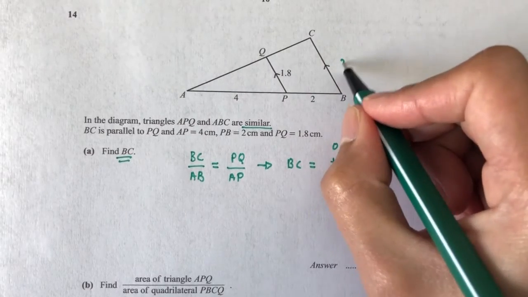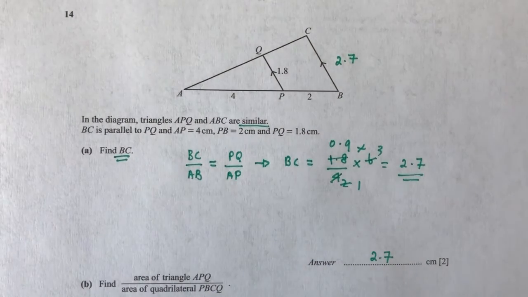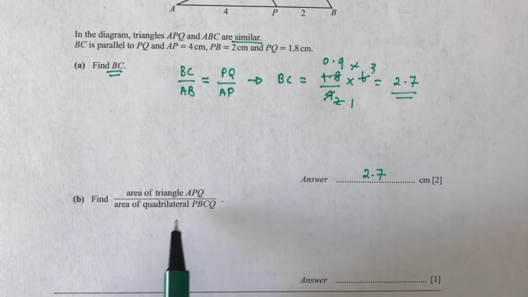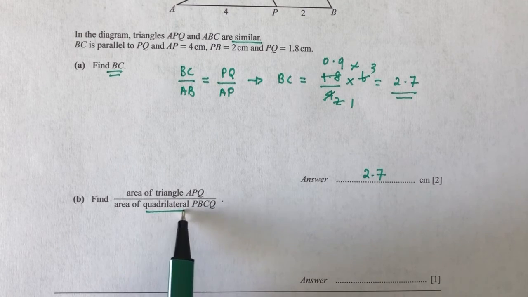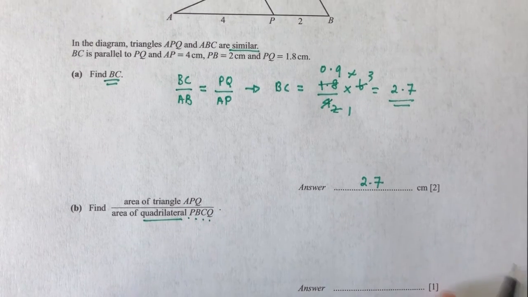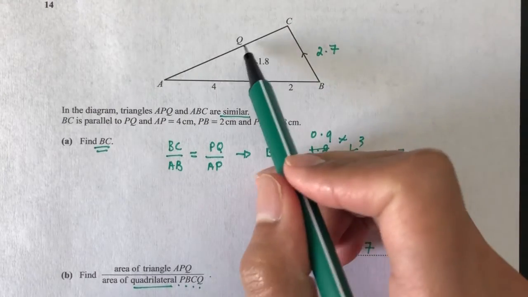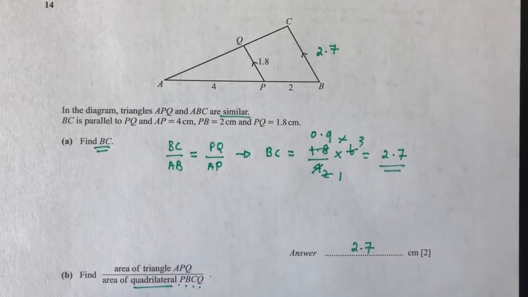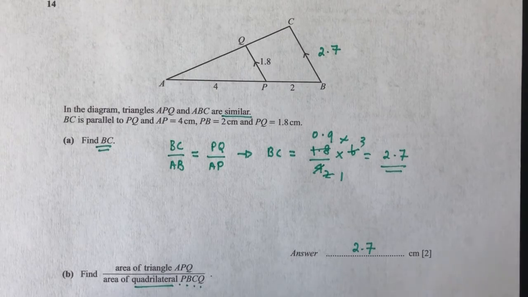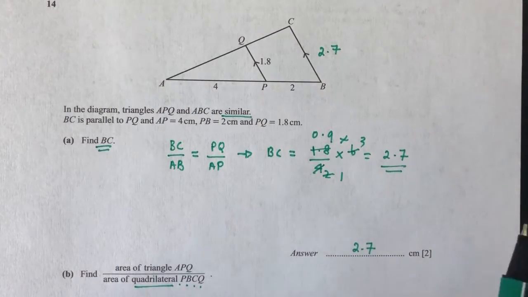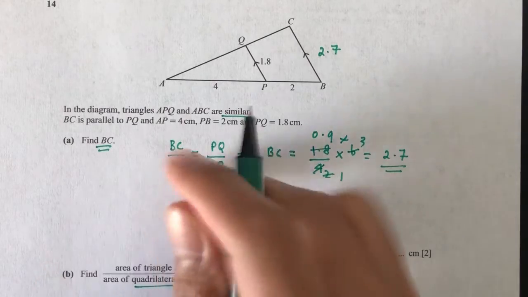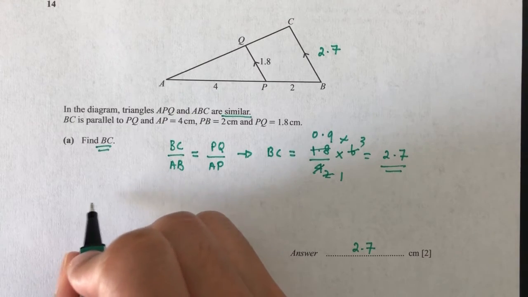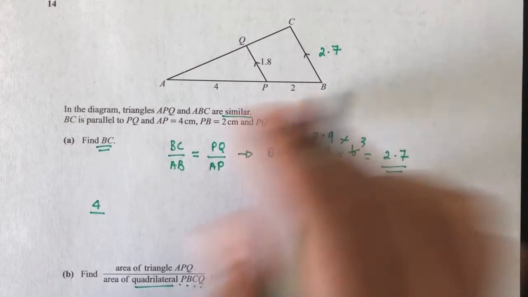Okay, so let's write that down. From this, we have to find the area of triangle APQ over the area of quadrilateral PBCQ. So we observe that this quadrilateral is actually the area of the big triangle minus the area of the small triangle. So let's first find the ratio of this big triangle and the small triangle, right? If we compare those two sides, AP will be 4 over AB will be 6.